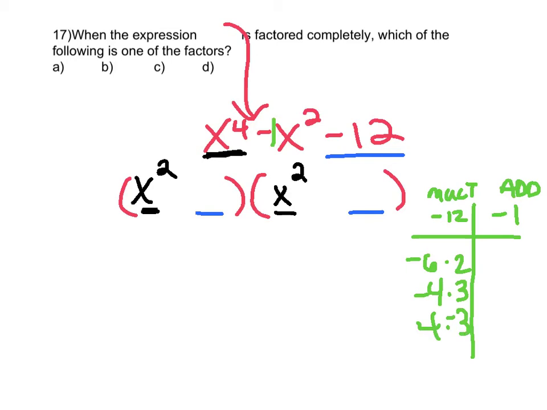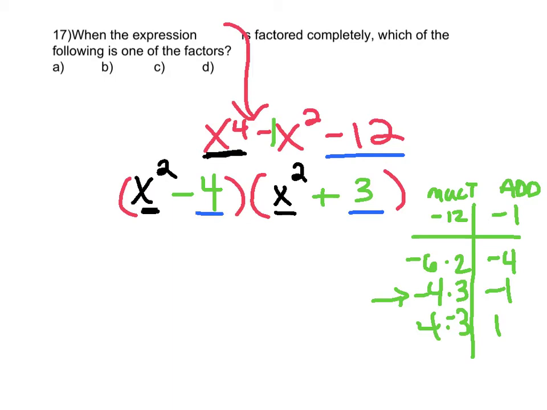And then when you look at what they add up to, this would give me a negative 4, negative 1, 1. Okay, so right here's our combination that works. So we're going to have a minus 4 and a plus 3.